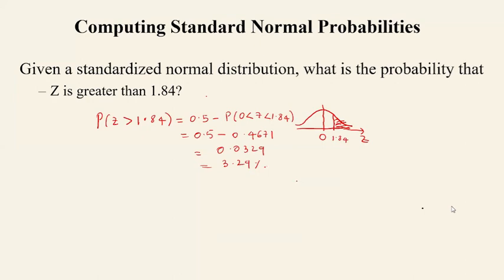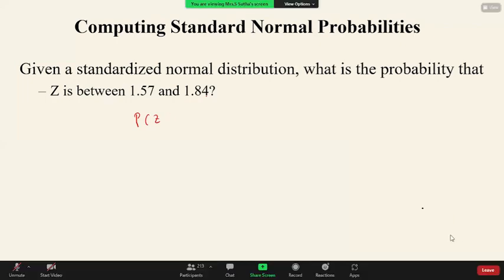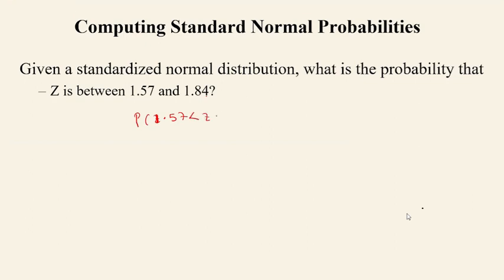Then next part. Given a standardized normal distribution, what is the probability that Z is between 1.57 and 1.84? So here we need the probability of 1.57 less than Z less than 1.84. Right?